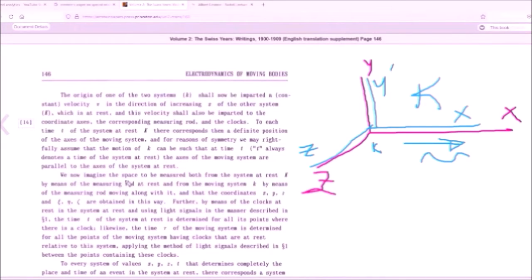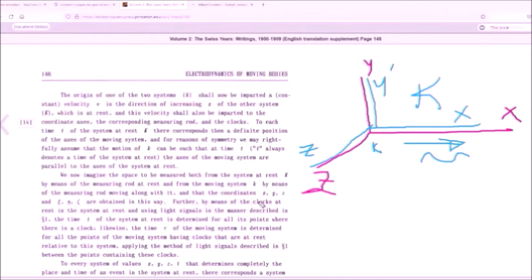We now imagine the space to be measured both from the system at rest capital K by means of the measuring rod at rest, and from the moving system small k by means of the measuring rods moving along with it, and that the other coordinates are obtained in this way.